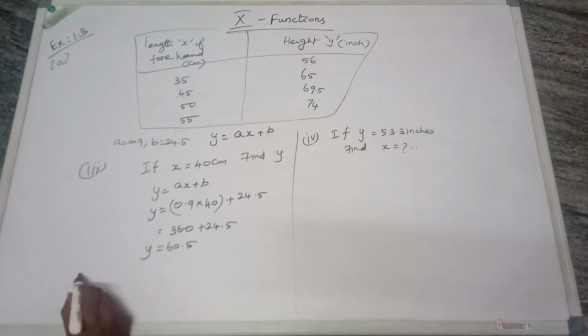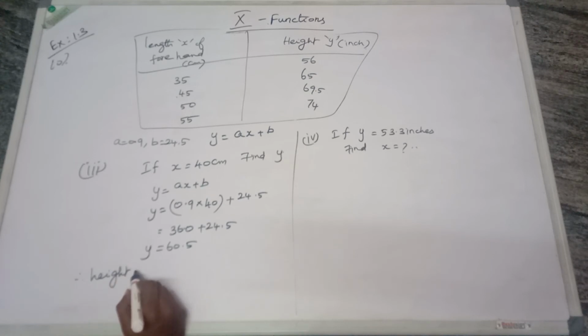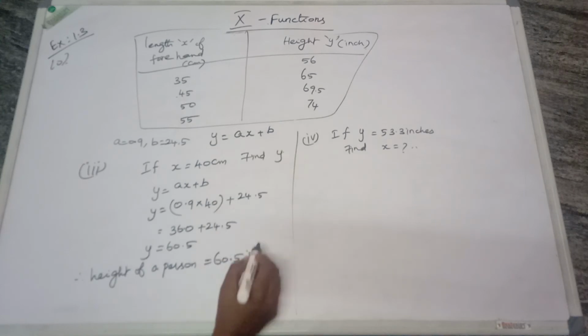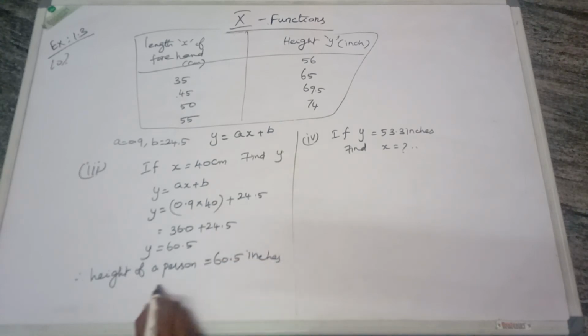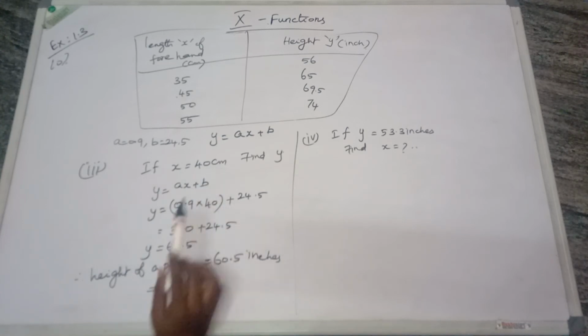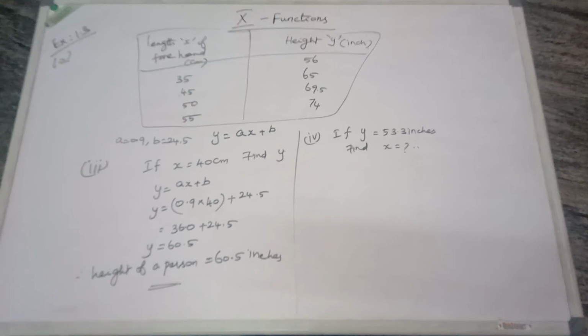So therefore the height of a person equal to 60.5 inches. This y is in inches. So if a person having the length of forehand is 40 centimeter, then that person should have the height as 60.5 inches.